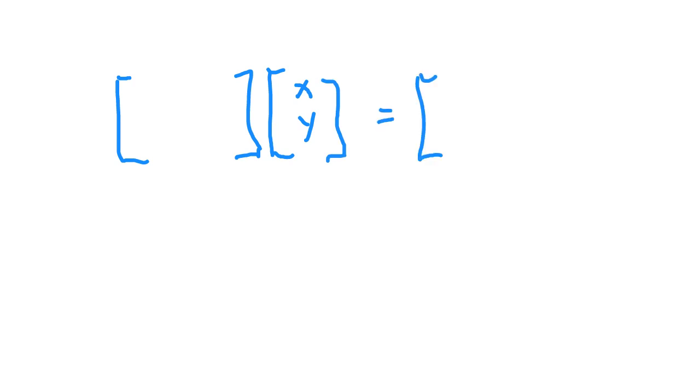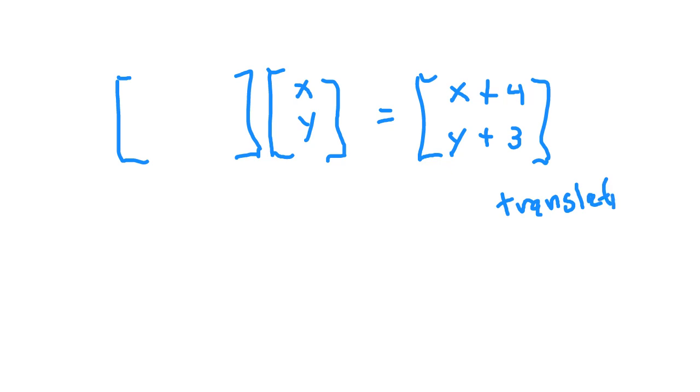So here's some xy point, and you want x to be moved 4 units to the right, and you want y to be moved 3 units up. That's called a translation. That's a translation by 4, 3.